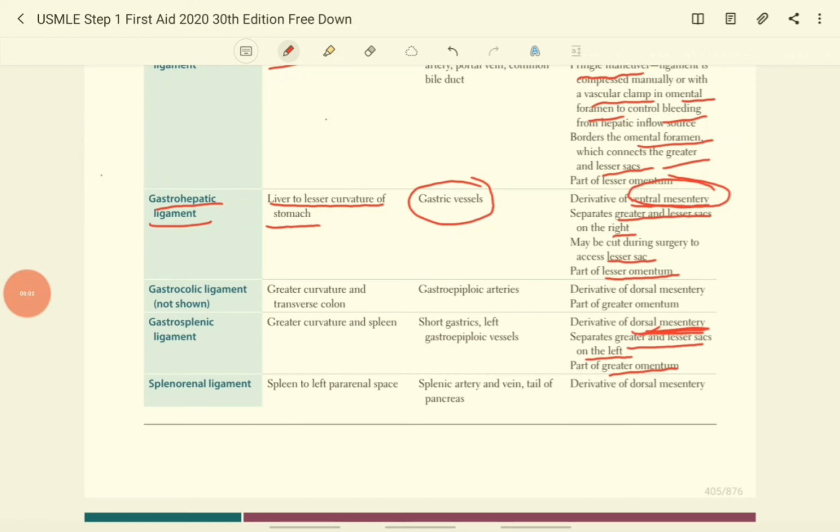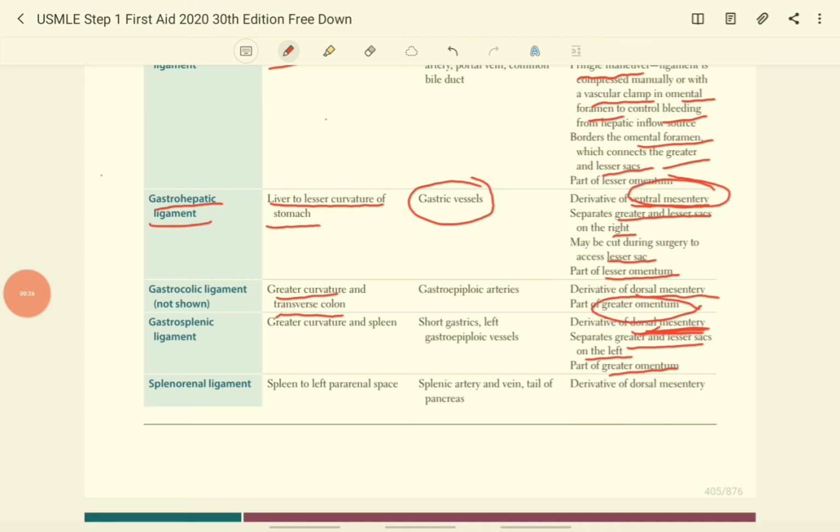The gastrocolic ligament connects the greater curvature of the stomach to the transverse colon, and contains the gastroepiploic artery. The gastrocolic ligament is derived from the dorsal mesentery, and it is also part of the greater omentum.